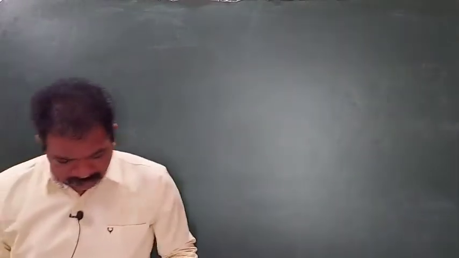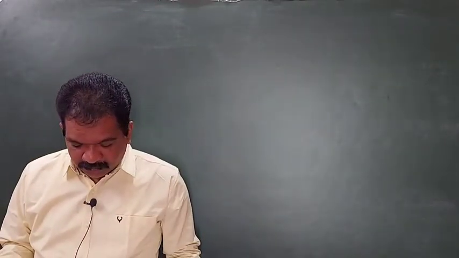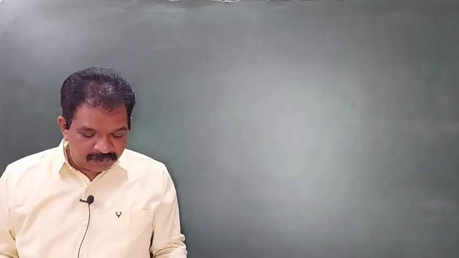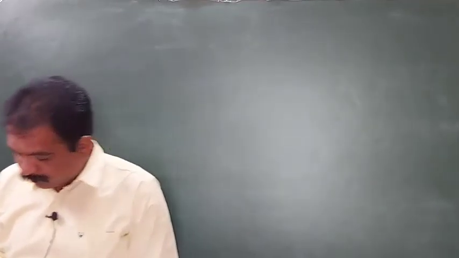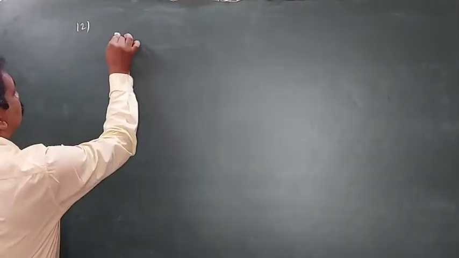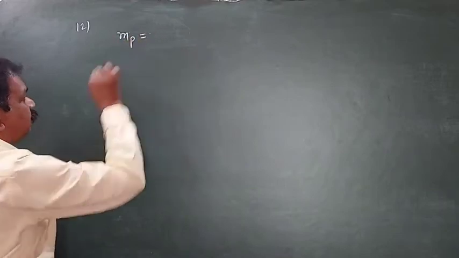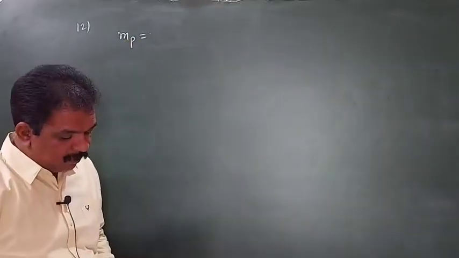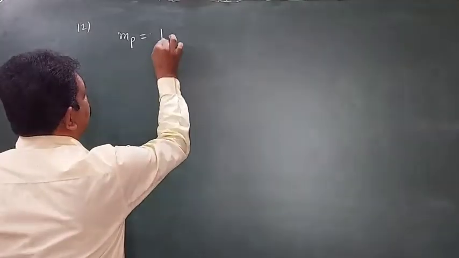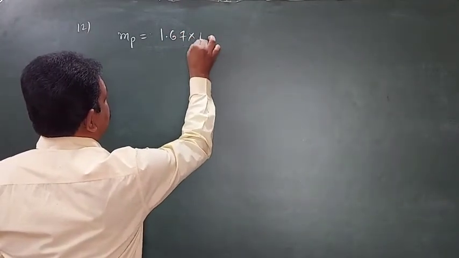They gave the mass of the electron, the mass of the proton, and the value of 1 electron volt. So write the given quantities. Problem number 12: mass of the proton, how much they gave? 1.67 into 10 power minus 27 kg.